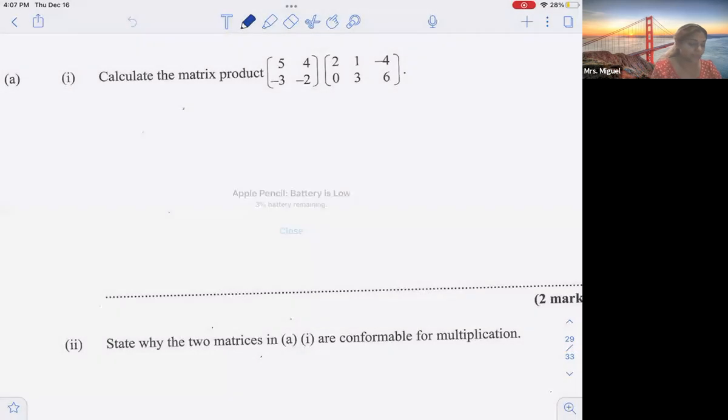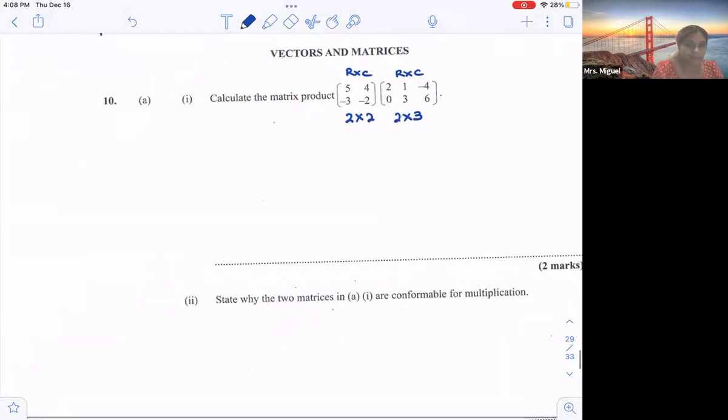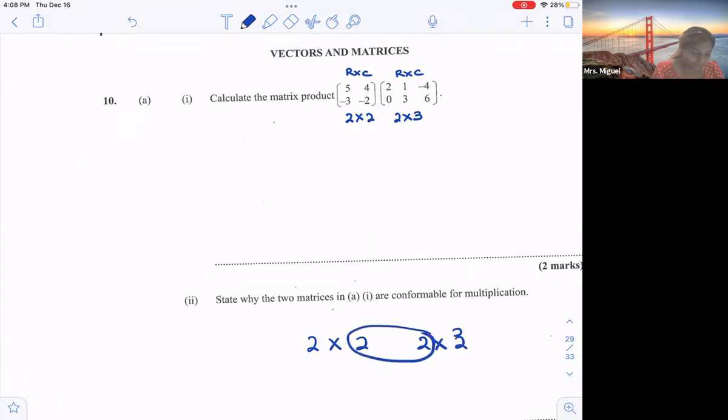So here we have a 2 by 2, and here we have, this is row by column, 2 rows and 3 columns. As long as these two numbers are the same, the matrices can be multiplied. So we will form a 2 by 3.